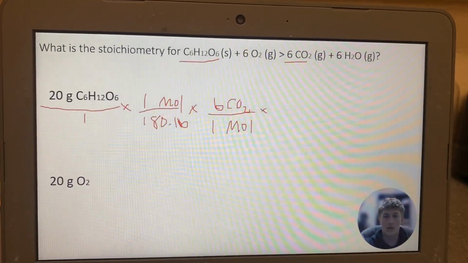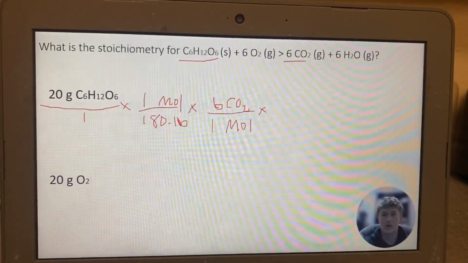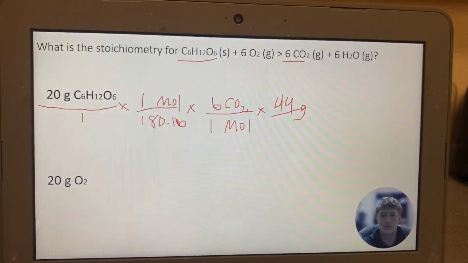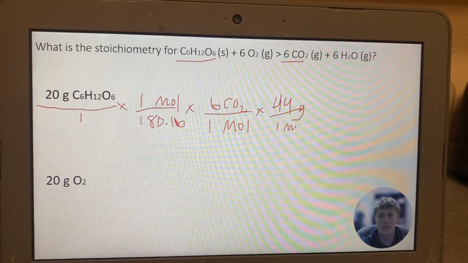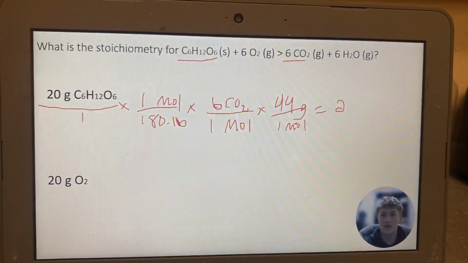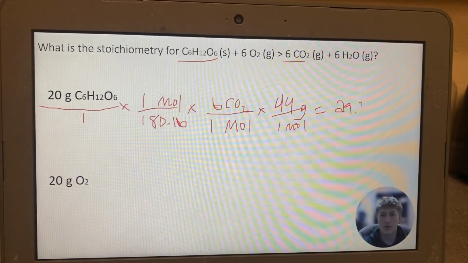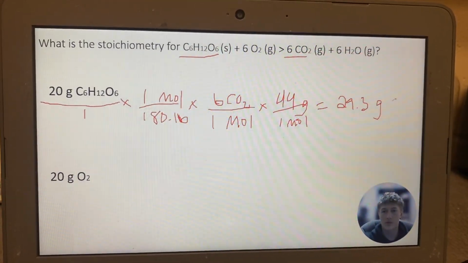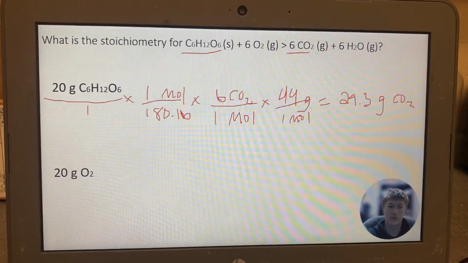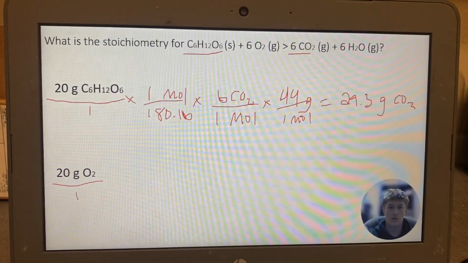And then we want to convert our CO2 to grams, so it's going to be 44 grams of CO2 for every 1 mole of it. And then once we do our multiplying and dividing from that, we get 29.3 grams of CO2.